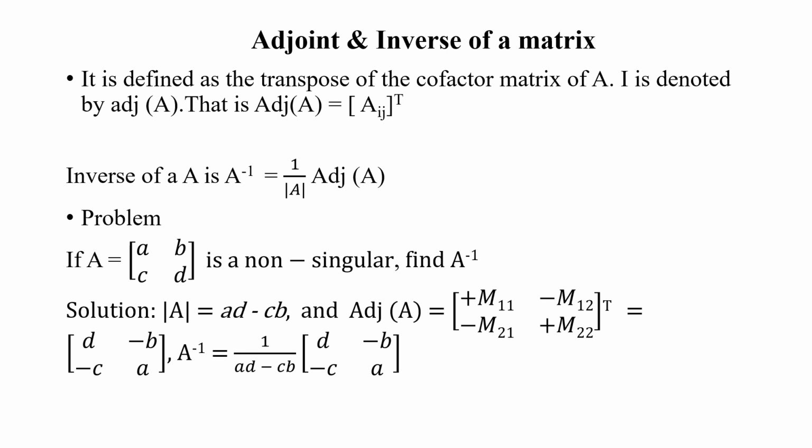So that is plus M11, minus M12, minus M21, plus M22, and then we take the transpose. That gives the answer as d, minus b, minus c, a. So our A inverse is 1 by ad minus cb into d, minus b, minus c, a.